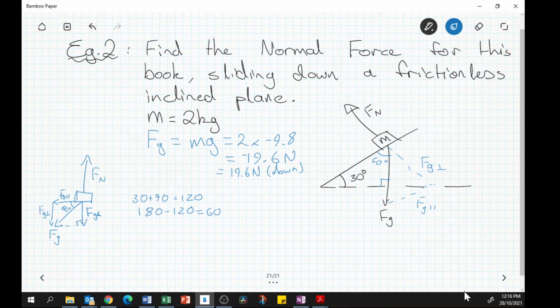Fn must be equal to negative Fg perpendicular. And we know that because it says it's sliding down the surface. So it's making contact with the surface the whole way. It's not lifting up, it's not falling through it, it's on the surface the whole way. So if we look at the surface as being flat like this, we imagine that our normal force and that are canceling perfectly, so there's no vertical motion.